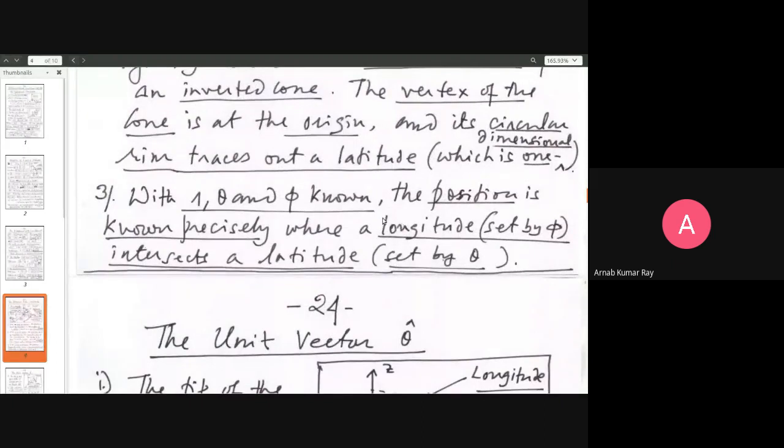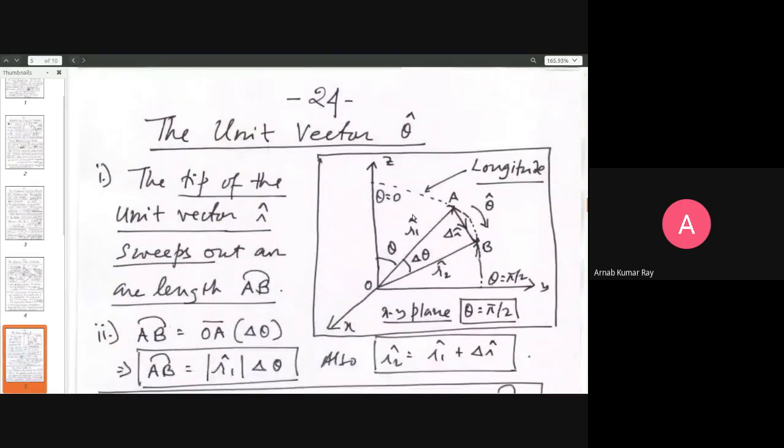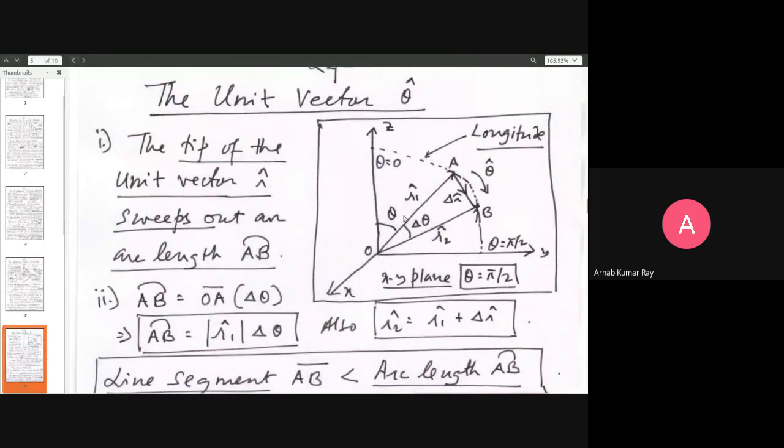Now I'll have a little more detailed discussion on the unit vectors theta cap and phi cap. Some geometrical intuition is necessary. If you have a clear geometric eye, then these curvilinear coordinates are no challenge. But that is what you need: a geometric eye and imagination. So let's see now.